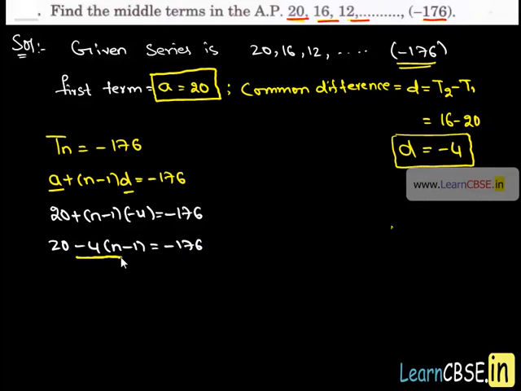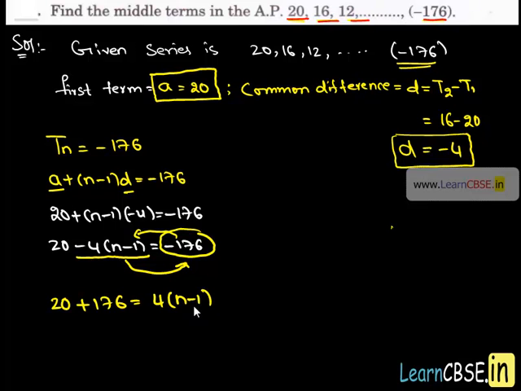Transposing negative 4 times n minus 1 to the RHS and negative 176 to the LHS, we get 20 plus 176 equal to 4 times n minus 1. 20 plus 176 is 196, which is equal to 4 times n minus 1. Dividing both sides by 4, 196 divided by 4 is 49. On the right hand side, we have n minus 1. Therefore, the value of n is 49 plus 1, which is 50.